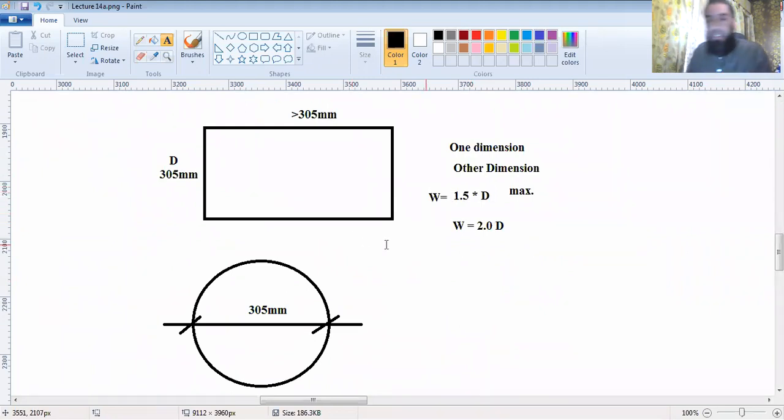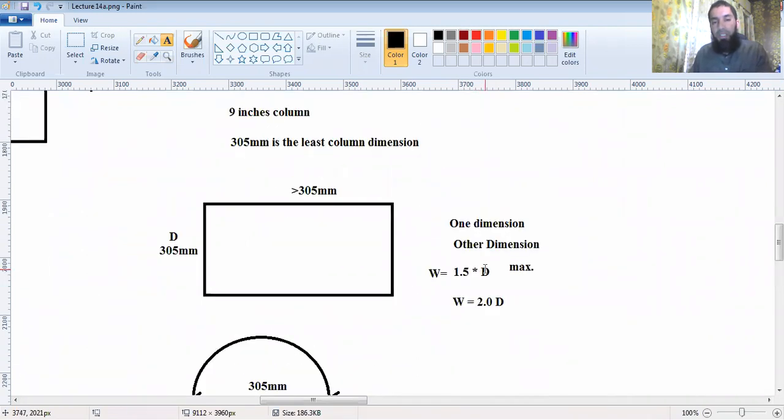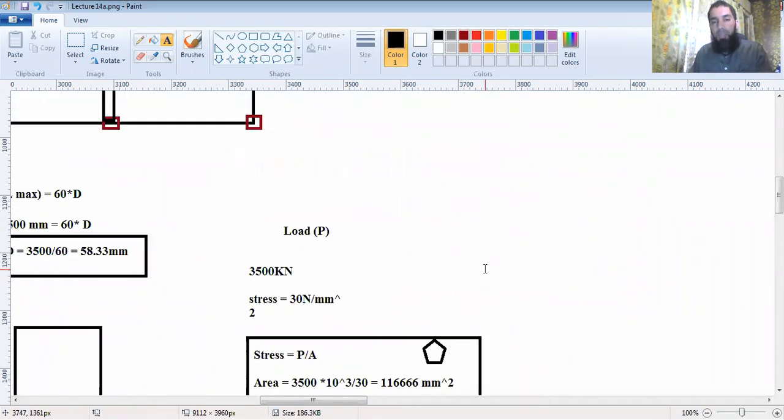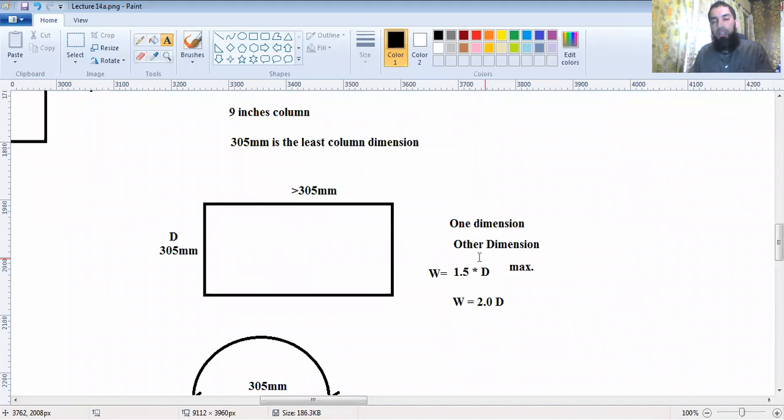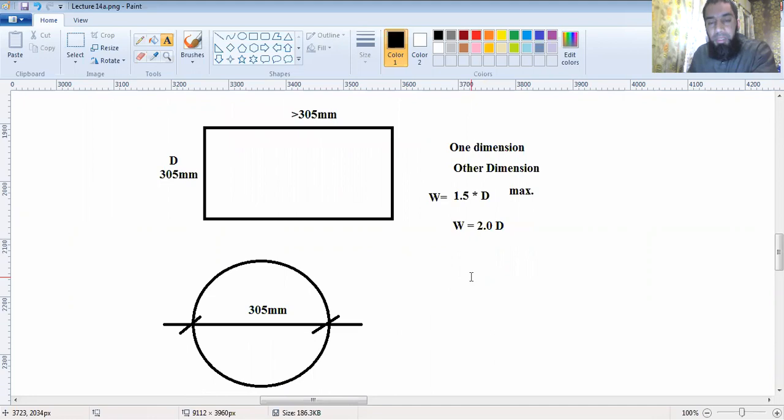But there are designers who go for 2 times as well, but it's not preferred in the earthquake scenario that you keep one of the dimensions longer than the other dimension. It's a good thing to have a square column, but it's economical to have a rectangular column at times. A rectangular column with the maximum limitation of 1.5 D is a feasible column, which would both become economical as well as offer a large amount of stiffness.